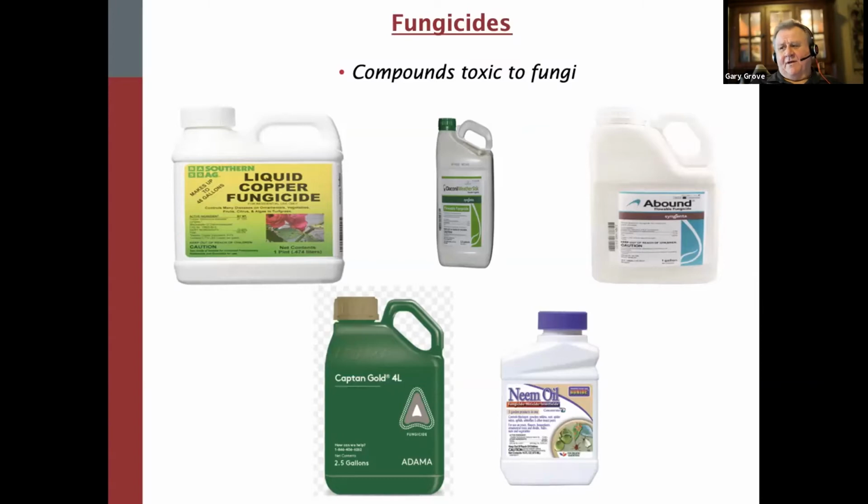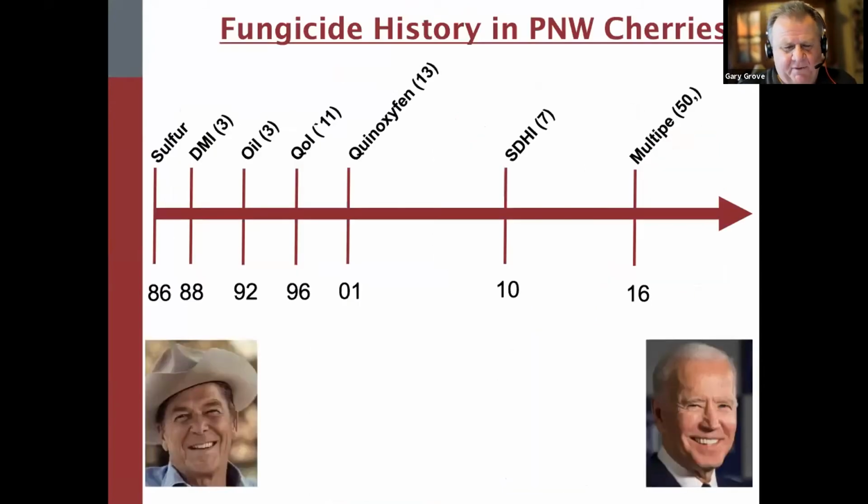And frankly, I think it's a tribute to the industry that we haven't had a very severe situation like this long before this. So by and large, the industry's been very cognizant of preserving our fungicide arsenal. Fungicides come in a wide variety of shapes and sizes. Some control mildew, some don't.